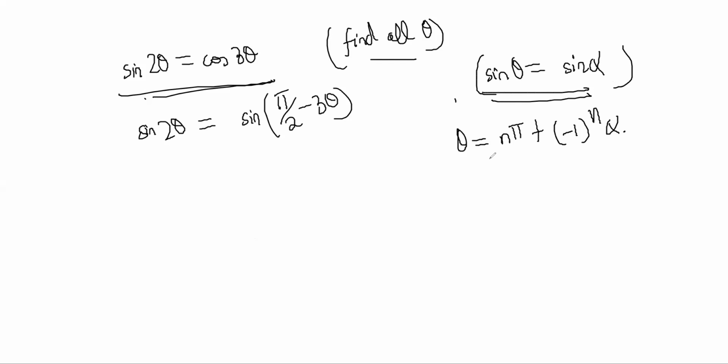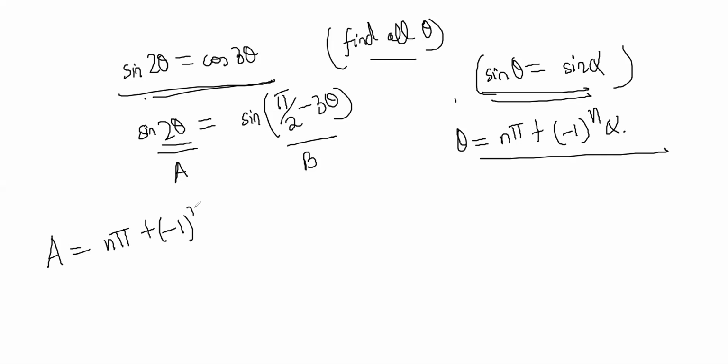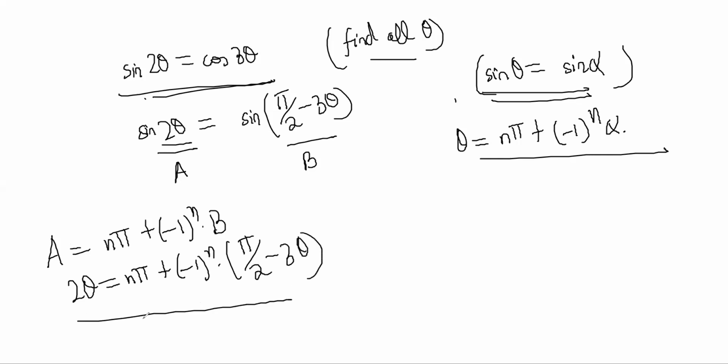I will call this my A and this my B. So my answer should be A equal to n pi plus minus 1 to the power n into B. So 2 theta will be equal to n pi plus minus 1 to the power n into pi by 2 minus 3 theta. From this equation, now our job is to find theta.